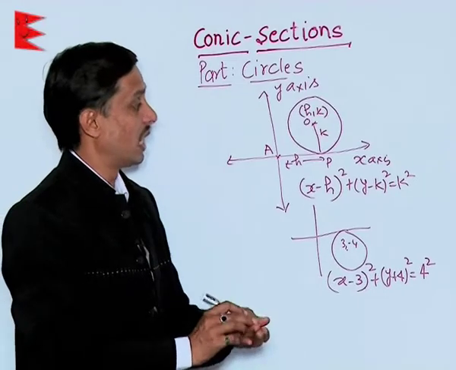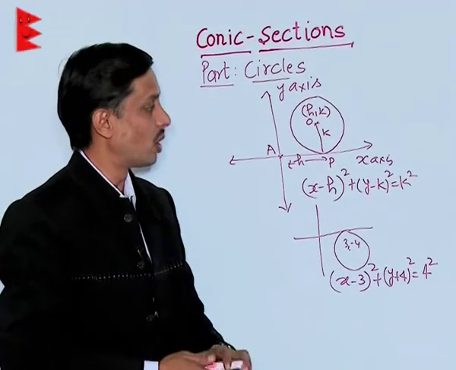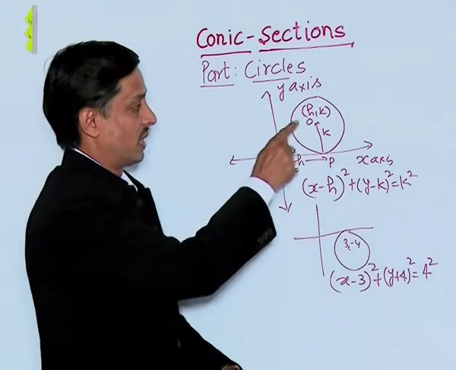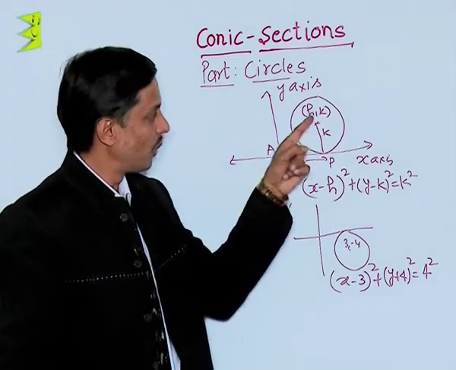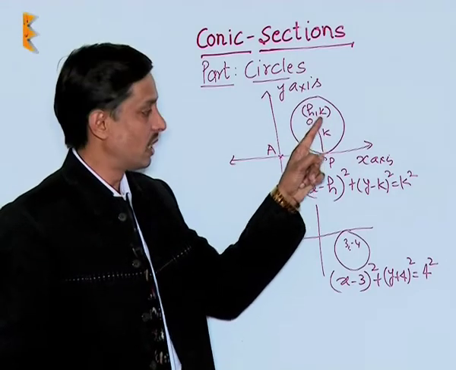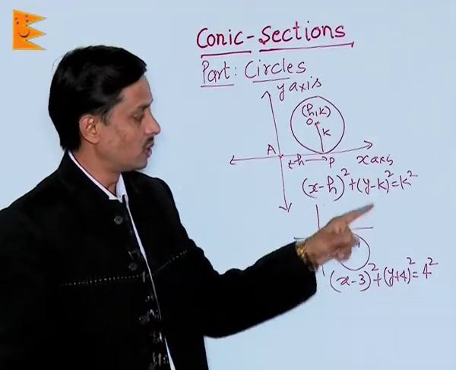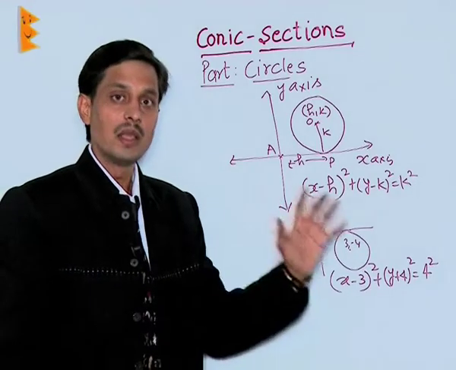Hence, if a circle is touching the x-axis and center coordinates are given, then the value of y at the center is equal to the radius, and this way we can apply the method.